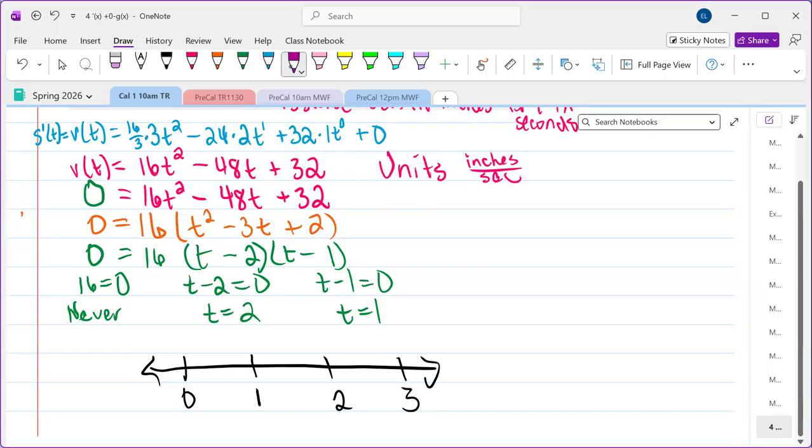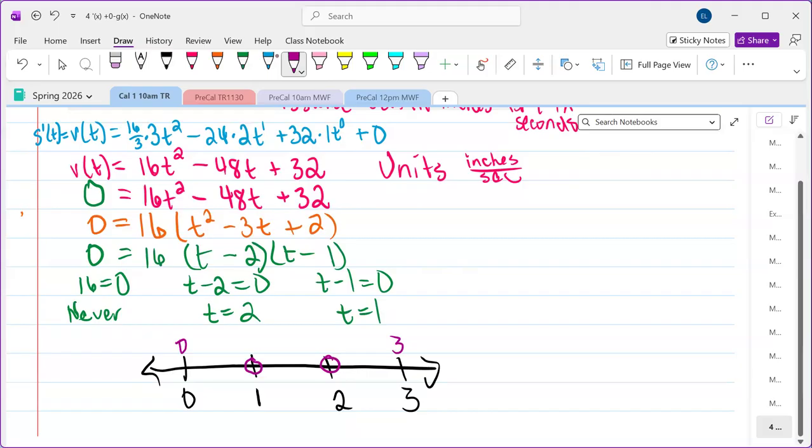So I'm going to pick some test values, but I'm going to plug these test values into the factored form. Well, I can't actually pick 0 and 3 as test values because the only actual turning points are 1 and 2.